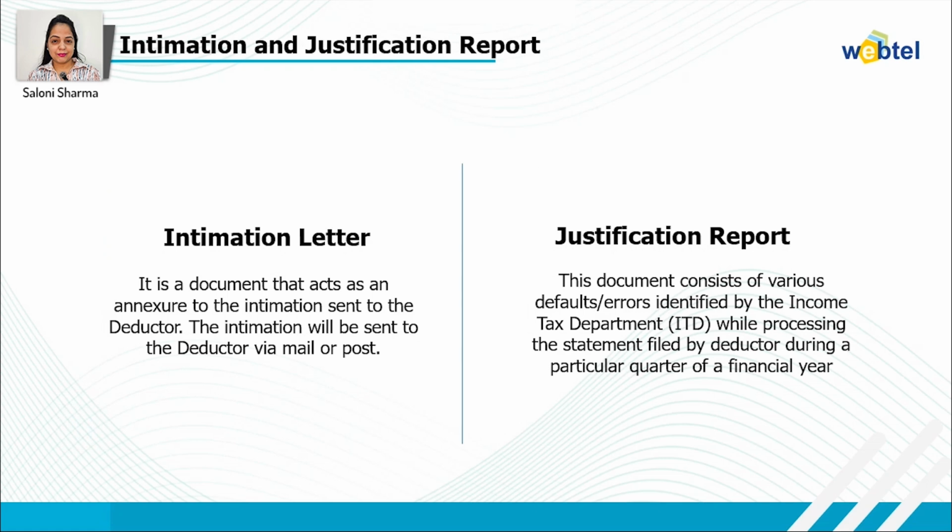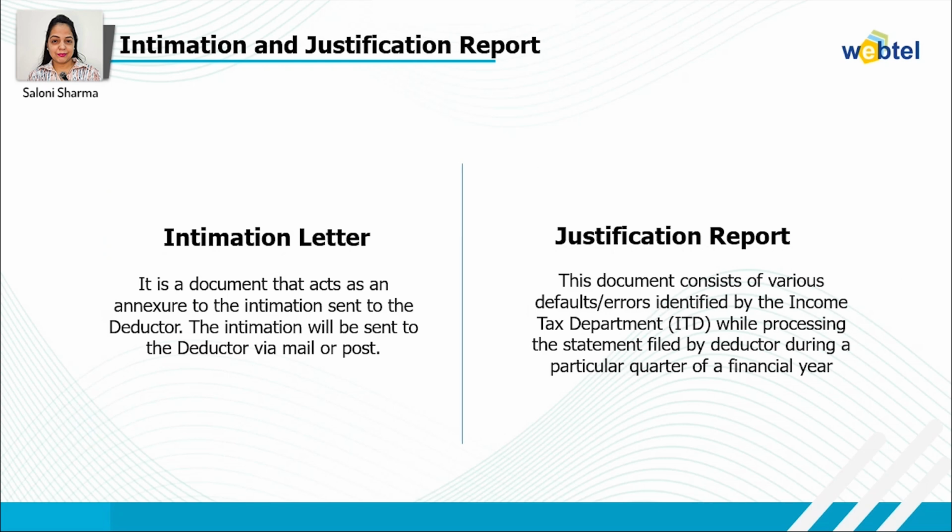Now let's understand the difference between an intimation letter and a justification report. The intimation letter is a document that acts as an annexure to the intimation sent to the deductor, and the intimation will be sent to the deductor via mail, or it can be sent via post.